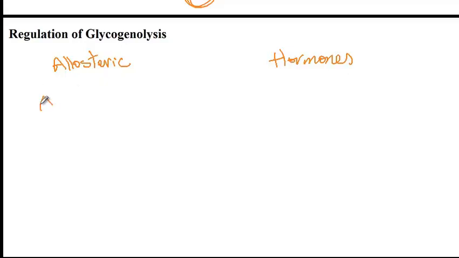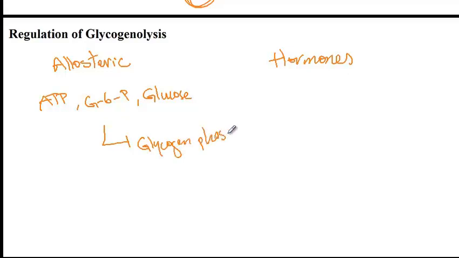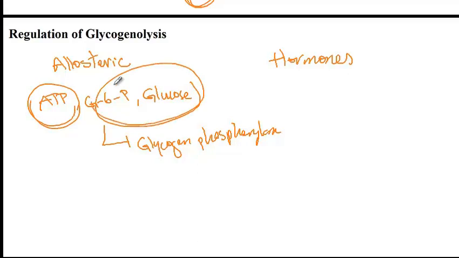So here I'm going to give you some examples, for instance ATP, glucose 6-phosphate, and glucose. All these molecules inhibit the function of glycogen phosphorylase. And why is that? Because we already have too much ATP from glycolysis, and we have too much glucose and glucose 6-phosphate here. So we don't need glycogen to break down more, because all these pathways are already saturated. So let's hold off on glycogenolysis and save this molecule for the time that we need it.